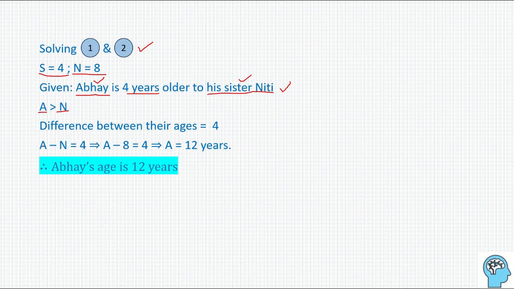Then A minus N is equal to 4 is what you can write. This is the interpretation.